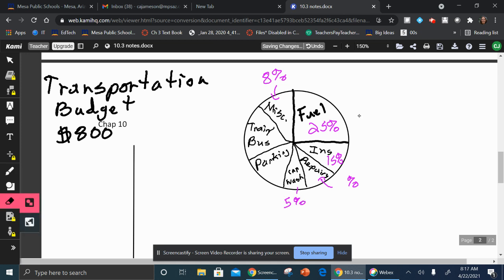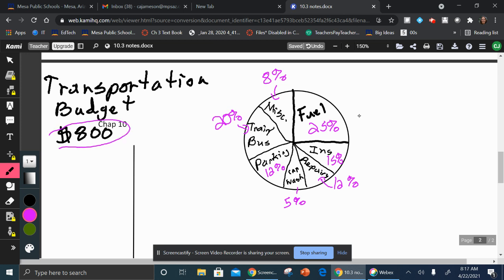So I was like, oh, that's supposed to be a little bigger. Repairs are going to be 12%. Parking's 12%. Trains and buses is 20%. Okay. And our total budget is $800.